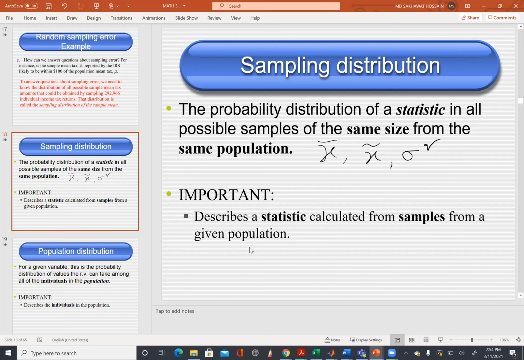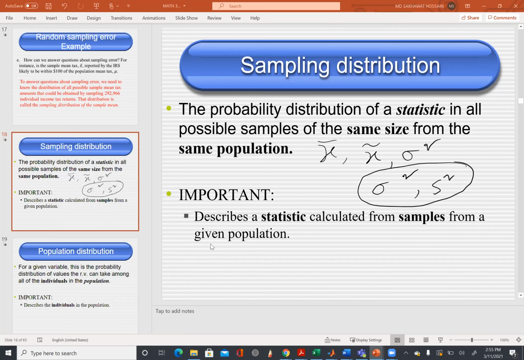What is the difference between sigma square and S square? One is for sample and the other for population.